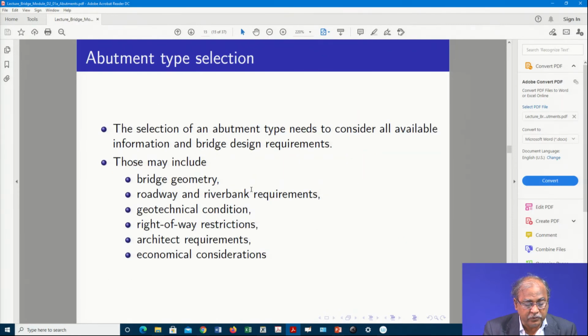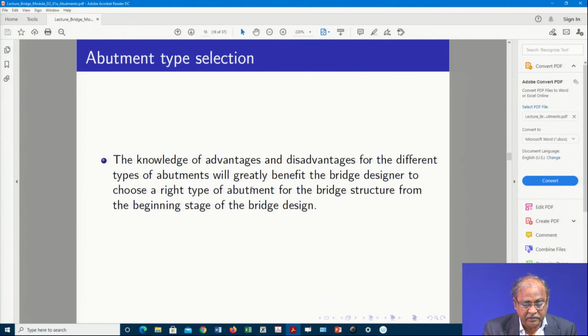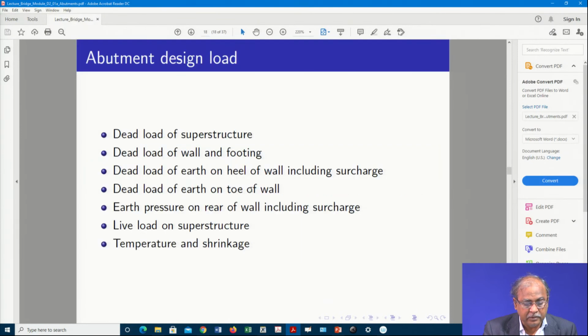Now the loads to consider: dead load of superstructure, dead load of wall and footing, dead load of earth on heel of wall including surcharge, dead load of earth on toe of wall, earth pressure on rear of wall including surcharge, live load on superstructure, and temperature and shrinkage.